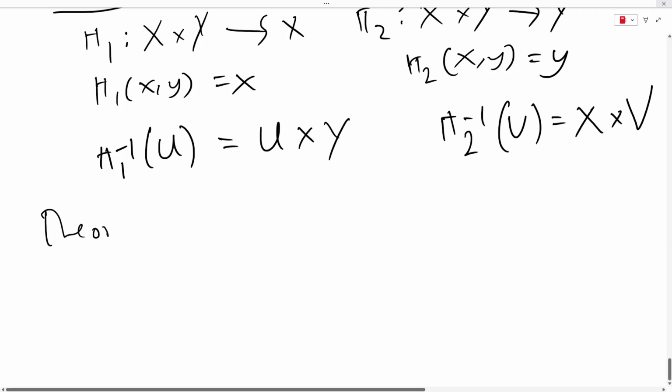So here is the second theorem of this section.